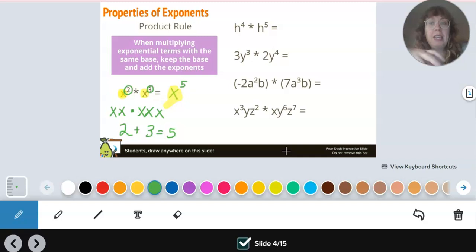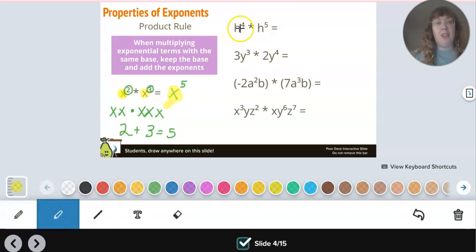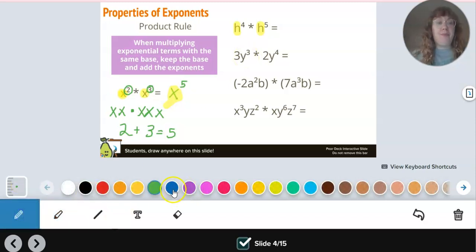You can always break down exponents and give yourself a visual to see what's happening and what we could cancel out or combine. So it's really good to feel confident in how to expand those powers. In the top right, we have h to the 4th times h to the 5th. Now again, they have the same base. The base is h.